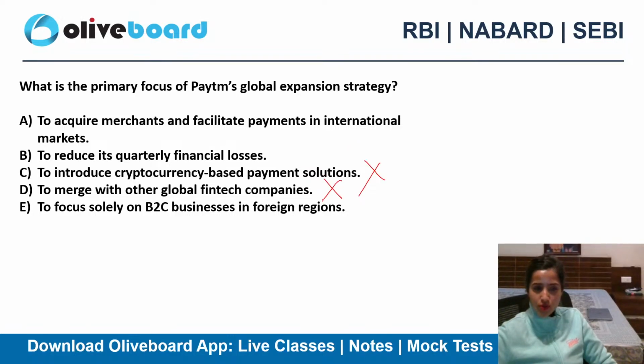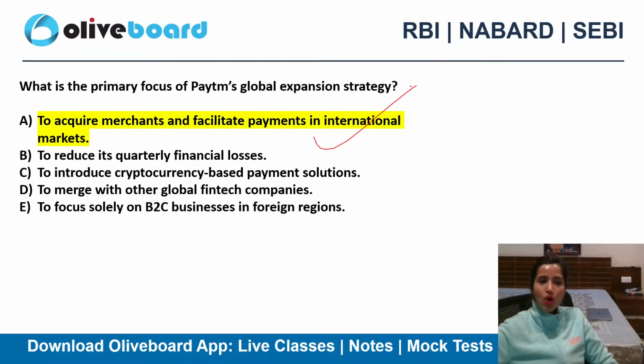We did not talk about this. To focus solely on B2C businesses in foreign regions. Not at all. To reduce its quarterly financial losses. Did we directly talk about this? No. So the correct answer is to acquire merchants and facilitate payments in the international markets. Yes, A is the correct answer. Very good.